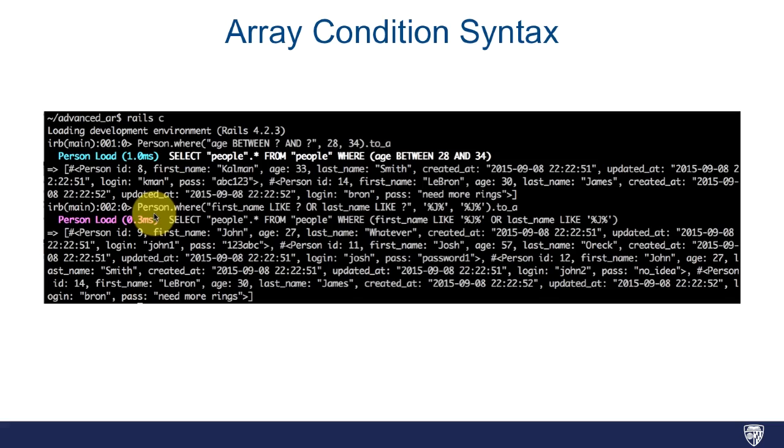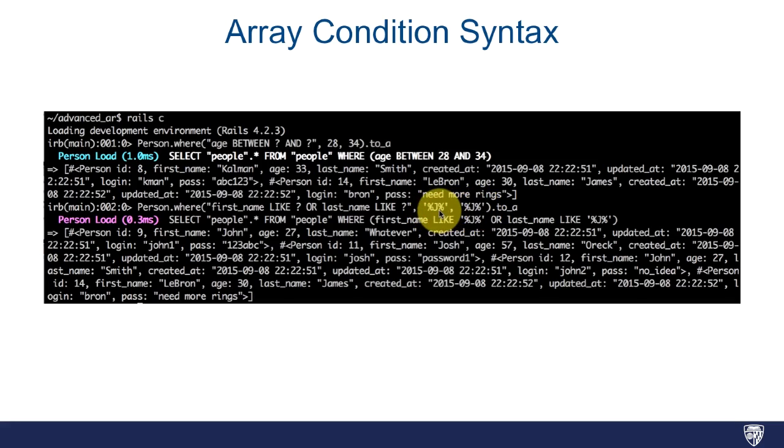Similarly, let's say you want to find all the people that have J in either their first name or last name. You could do that. You could do first name like question mark or last name like question mark, and you could provide two parameters, in this case %J% and %J%.